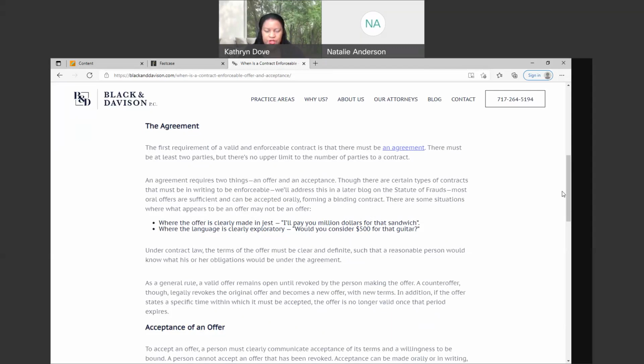Well, guitars range anywhere from about 200 to, if it was played by Eric Clapton, 30,000, but that's a valid offer. You could get a decent guitar these days for $500 in this time of inflation. So that could be considered a serious offer. Would you consider taking $500 for that guitar? Depending on what the guitar is.